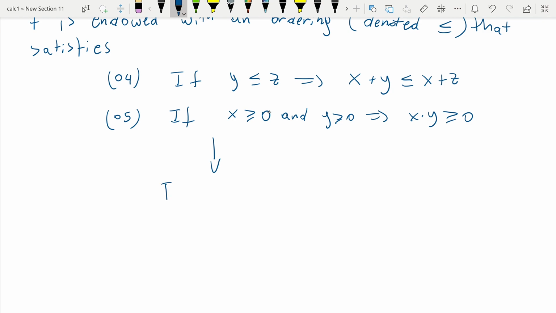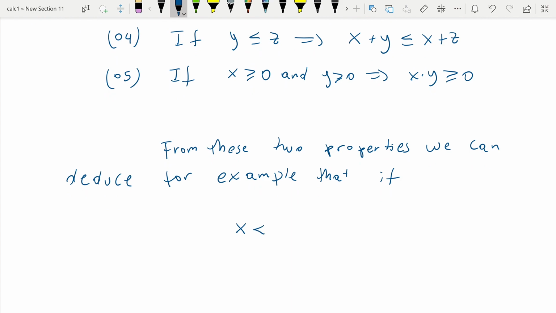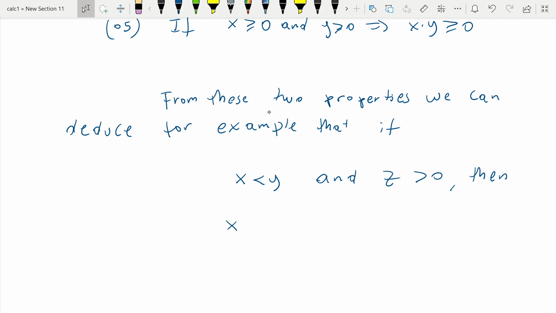So from these two properties, we can deduce, for example, that if x is less than y and z is greater than 0, then z times x is less than z times y.